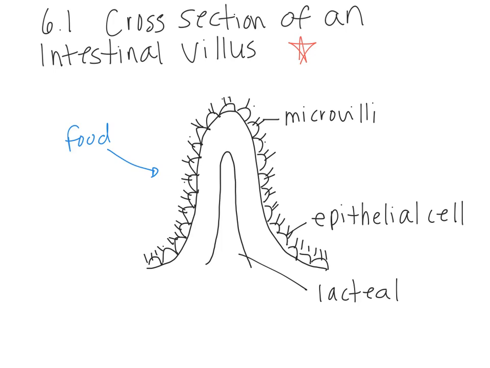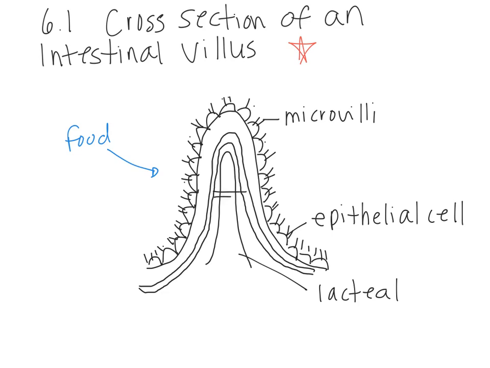Also, our villi are highly vascular, meaning that they contain lots of blood vessels. So there's a blood vessel running right through this villus, and it's connected with many capillaries.